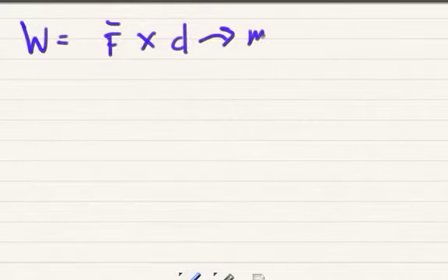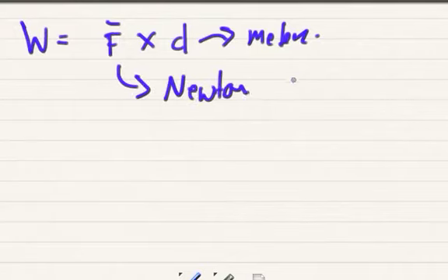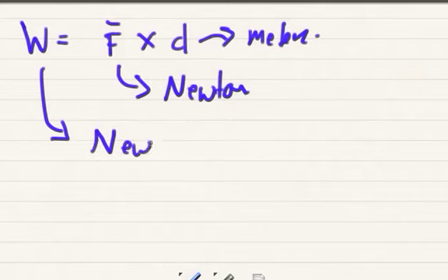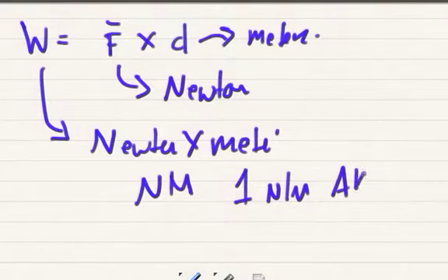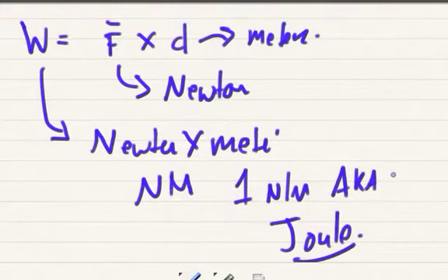Distance is the meter, and the fundamental unit of force is the Newton, and so the fundamental unit of work is the Newton times a meter, or the Newton meter, and 1 Newton meter of work is known as a joule.